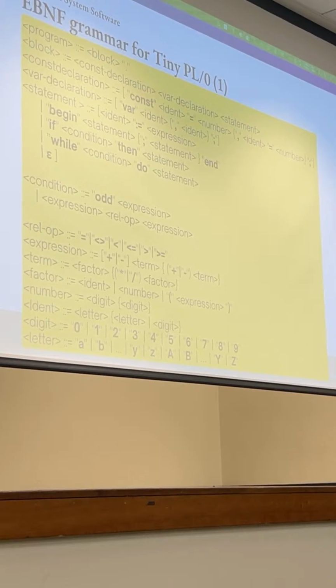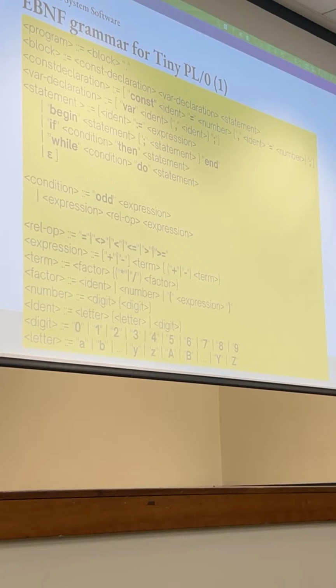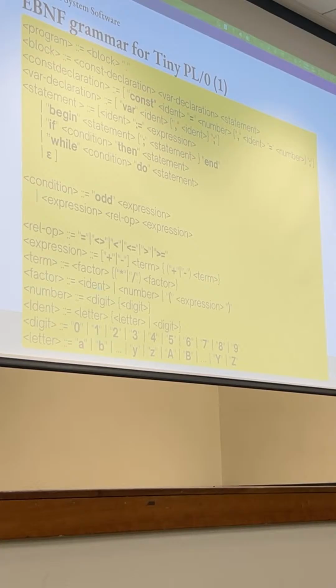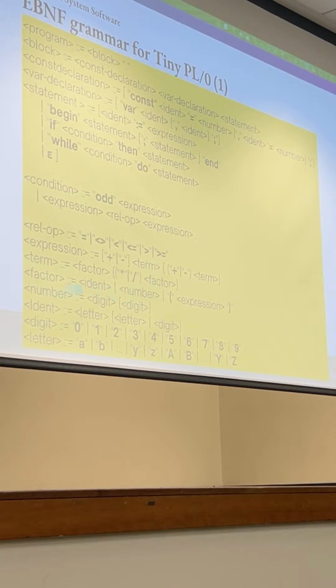Get it? Alright. So the next thing is about term. Term is just a term followed by zero or multiple multiply or slash, followed by another factor. And a factor is defined as: it could be recognizing an identifier, it can be recognizing a number, or it can be recognizing an open parenthesis expression, closed parenthesis.